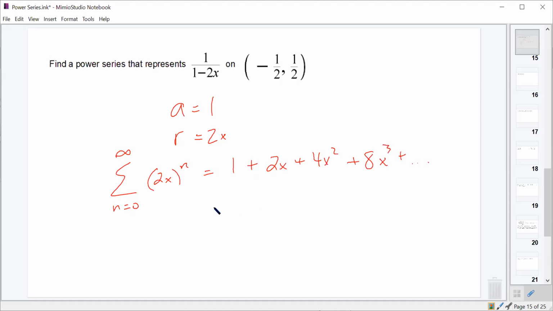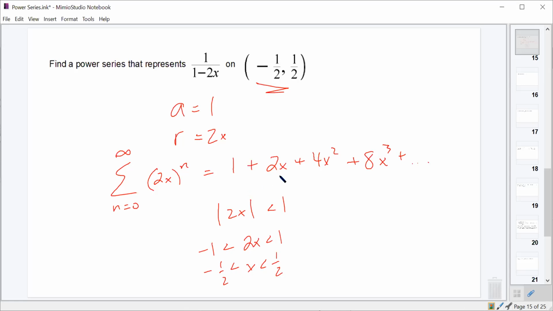It should only converge for the absolute value of 2x less than 1, which would be 2x less than 1 and greater than negative 1, or x less than 1/2 and greater than negative 1/2. Right? And that's the interval that we were talking about.